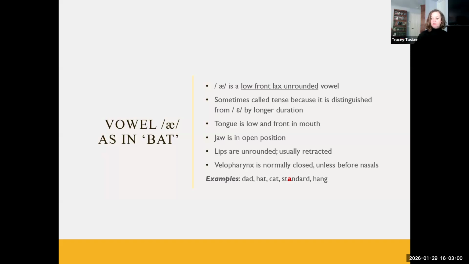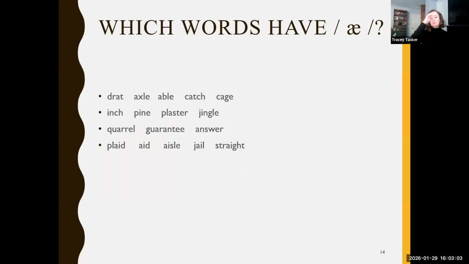Let's do the first one of the next line together. Remember the vowel is ah. Drat, you hear that sound, right? You can look at the rest of these on your own and see if you can find it.